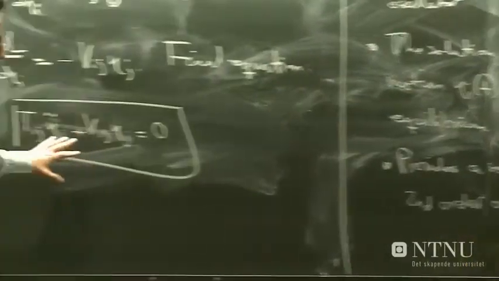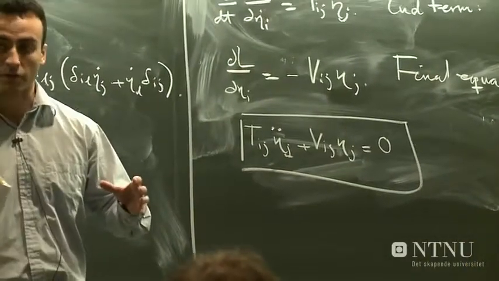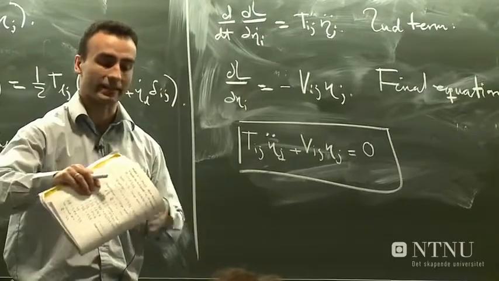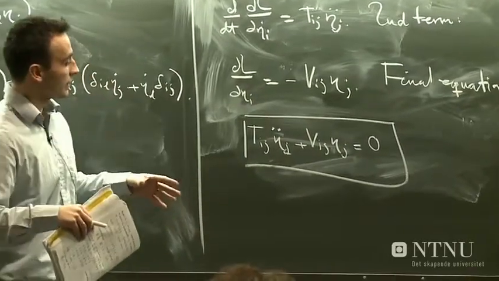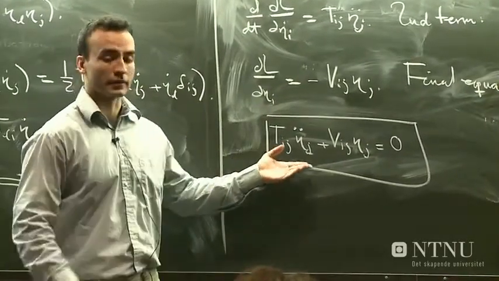So you can imagine that we have a set of harmonic oscillators or springs that we have attached to one another. In this general case, we will get something like this.